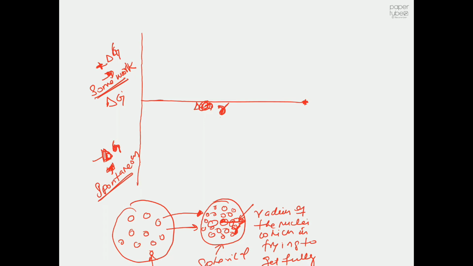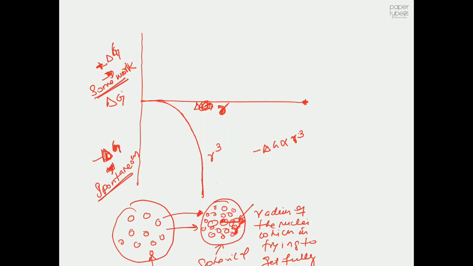And then this is what Gibbs says. To build up the volume, your delta G is going to decrease with respect to R. In fact, delta G should be proportional to R cubed. So it's going to decrease.